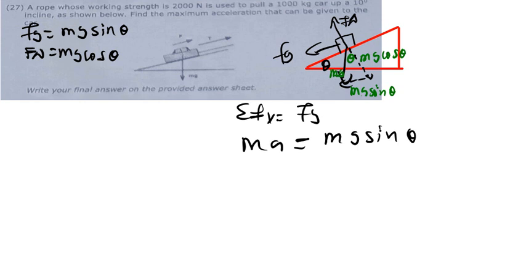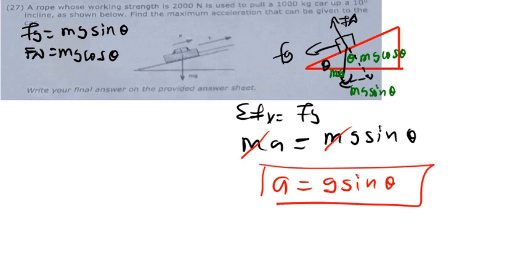Now I can cancel m. So if this object is not being pushed by anything, you can find the acceleration using this formula. They only ask about acceleration here most of the time.